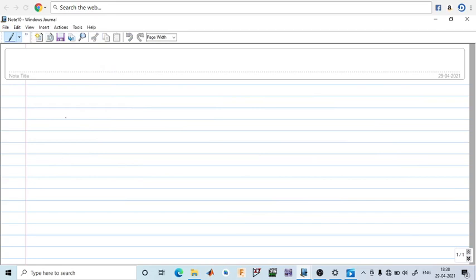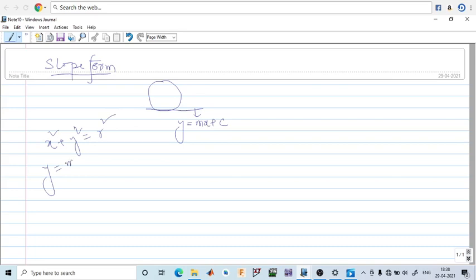So the other form is slope form. In slope form, if the circle has a tangent y equals mx plus c, and the equation of the circle is x square plus y square equals r square, then put the value of y in the equation of the circle, and you will get x square plus (mx plus c) whole square equals r square.